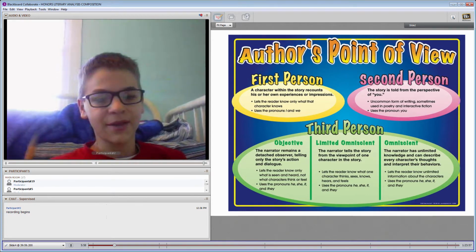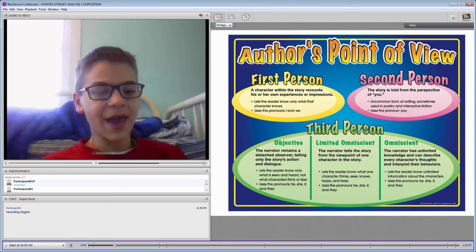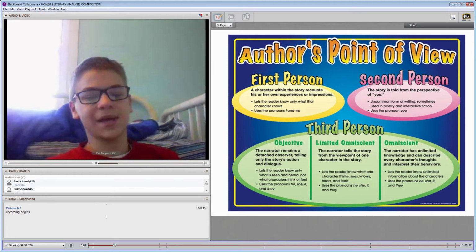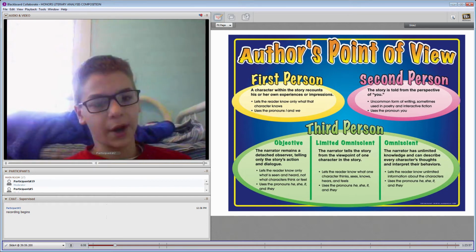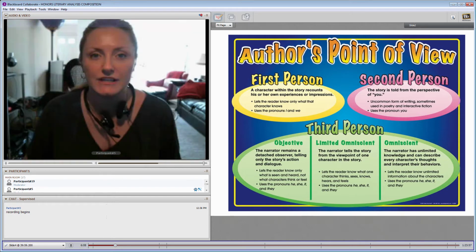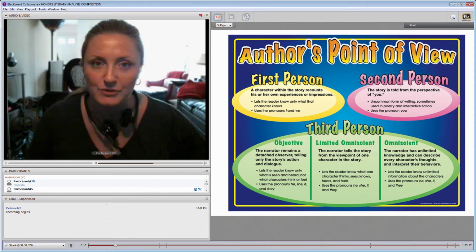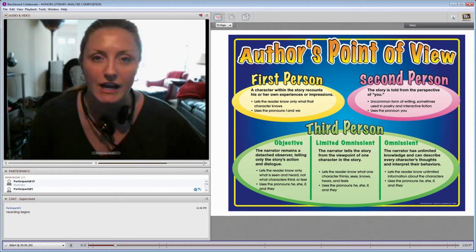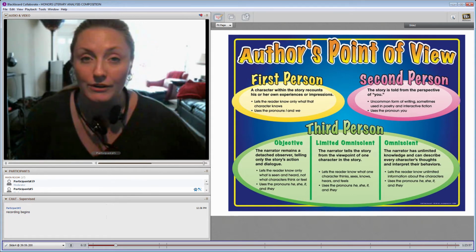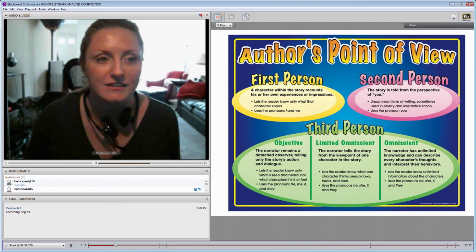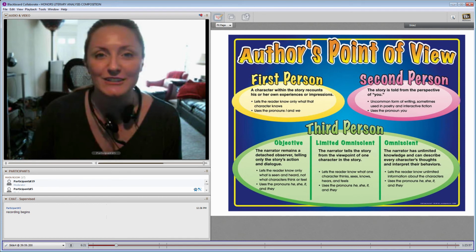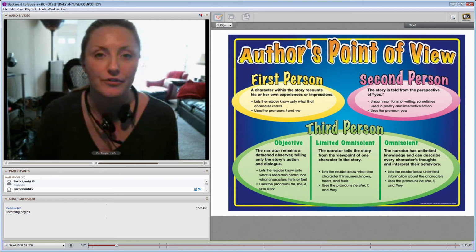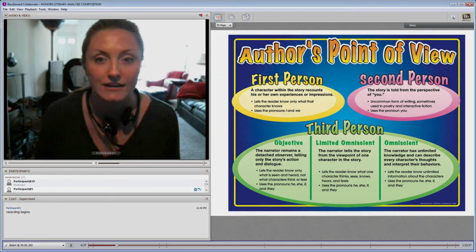So sometimes there is a little bit of third-person limited in a first-person point of view memoir. That's an interesting notion there, William, and authors sometimes will take the liberty to switch it up. You guys have already written your memoir and narrative pieces, and some of you were interestingly taking different points of view and using different tenses throughout. That's something I want to address in a later class.